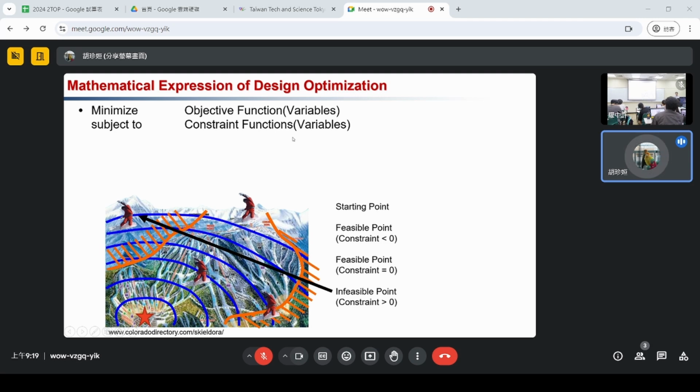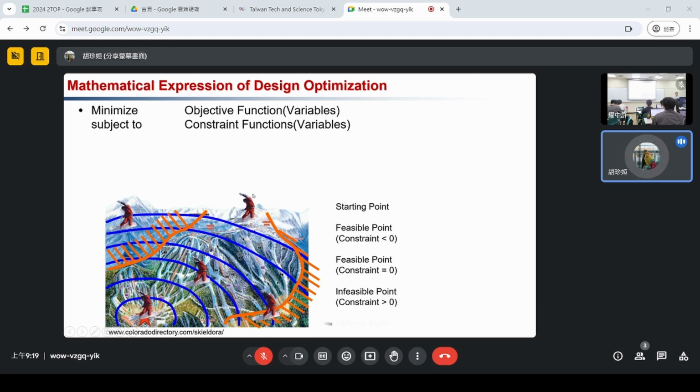So right now over here, this design and this design are inside the feasible space. The other one is on the wall. Those designs are okay, but they are not yet optimal. This design is not good. So usually during the optimization process, we don't want to try the infeasible design.